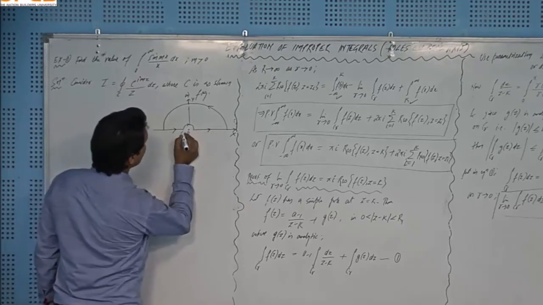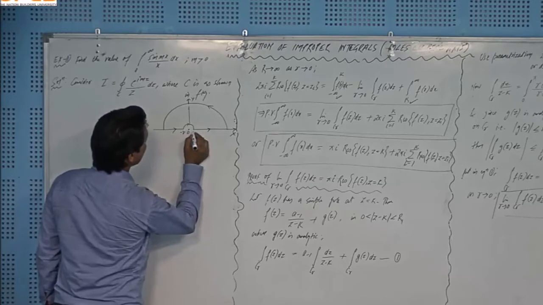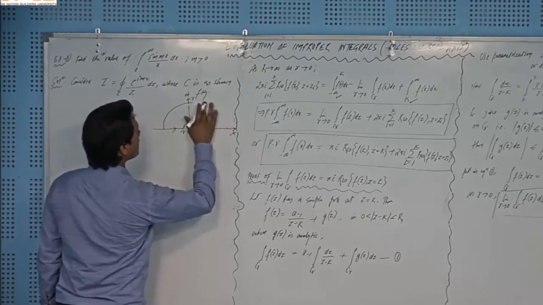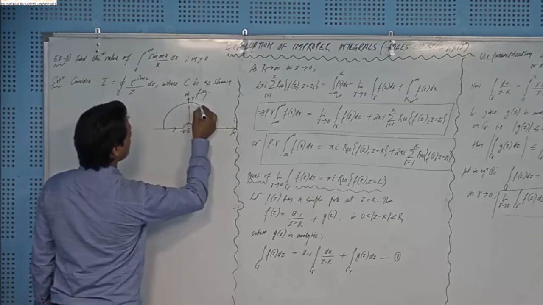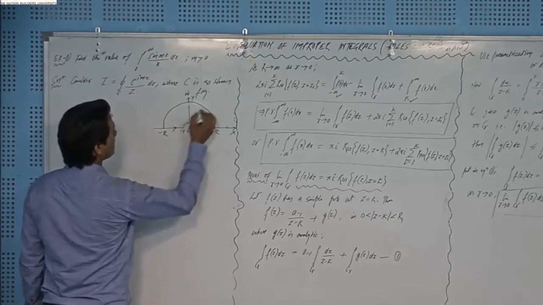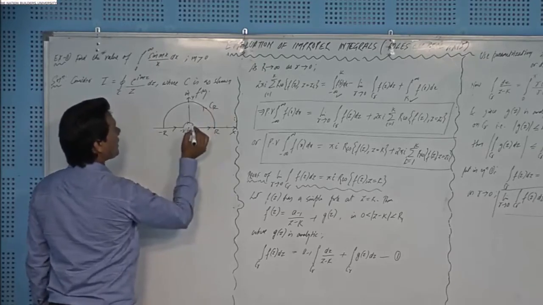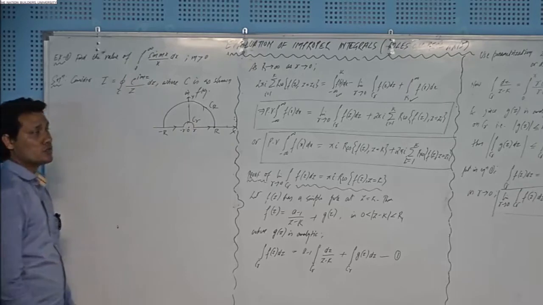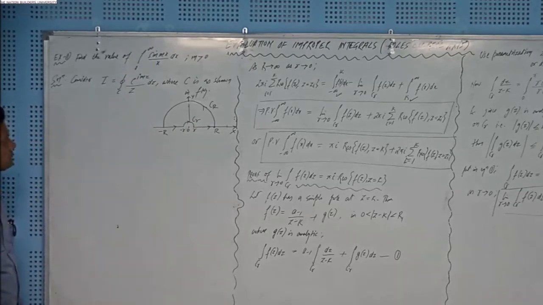It should be minus r, 0, plus r. The right end and left end are capital R and minus capital R. This is C capital R, and this small semicircle is C small r. So the figure should look like this.